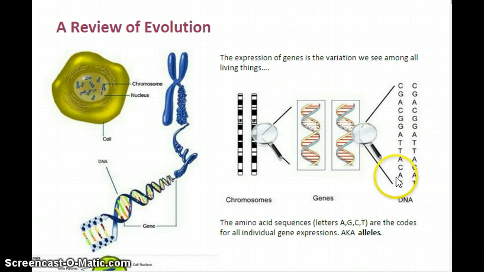So a gene is basically a segment of these symbols, represented A, T, C, or G. And so these codes basically cause the expression of all the physical traits, all the behavioral traits that we see in living things and individuals. So these letters are going to be known as alleles. Okay, the alleles, the combination of alleles is basically how the genes are expressed.